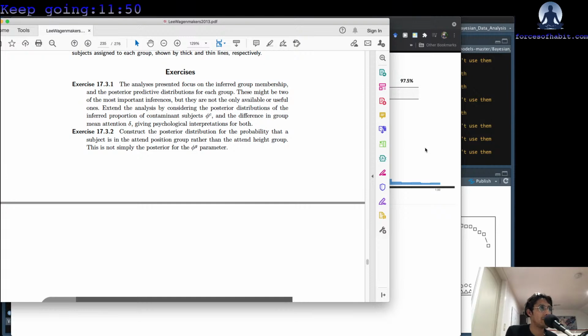Construct the posterior distribution for the probability that a subject is in the attend position group rather than the attend height group.